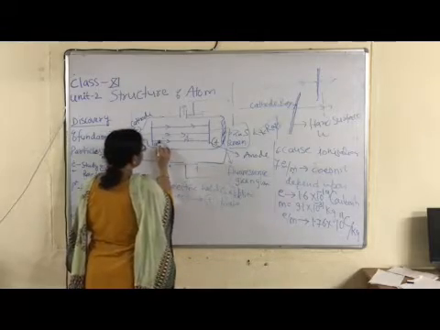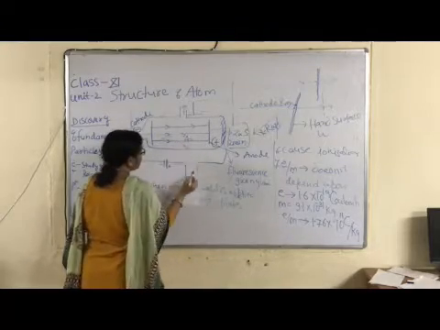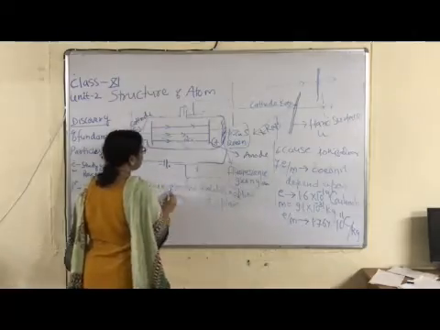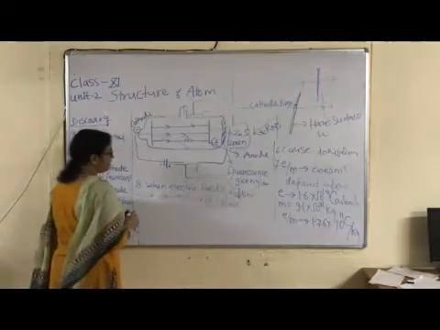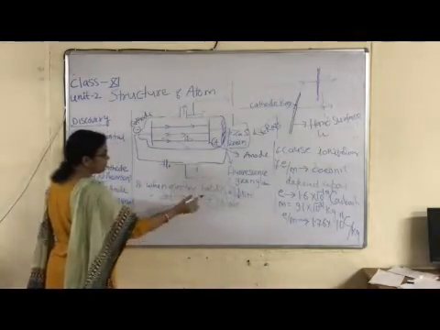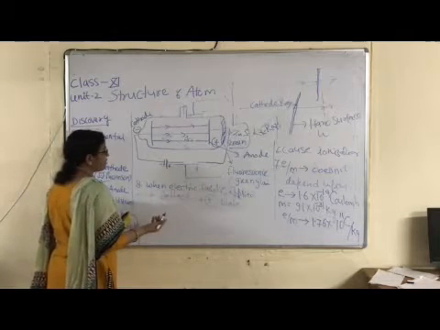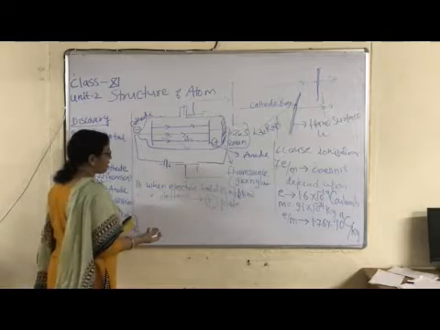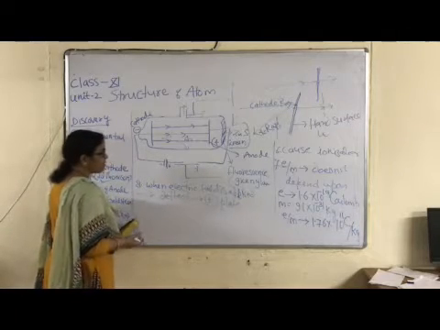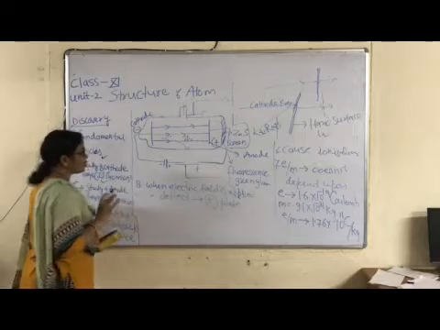And cathode rays always deflect towards the positive plate of the applied electric field. So this experiment confirmed that cathode rays are negatively charged, right? When a magnetic field is applied, they also deflect in the applied magnetic field. So all these properties are shown by cathode rays.